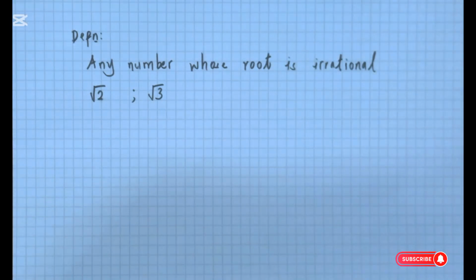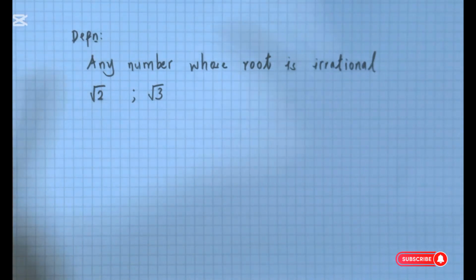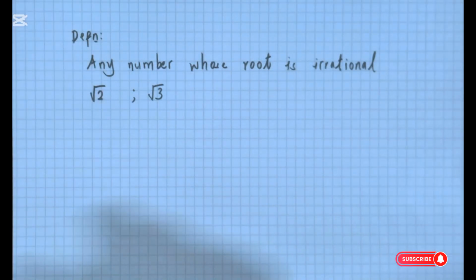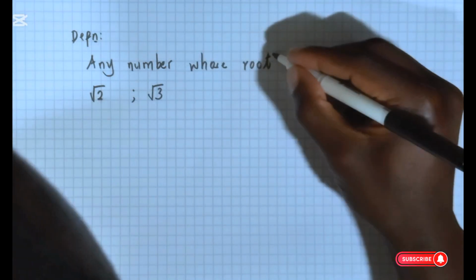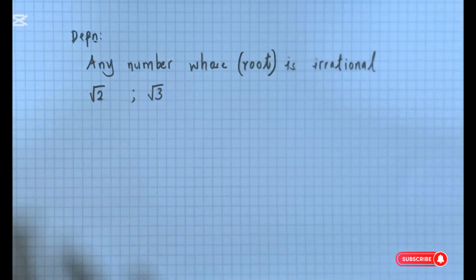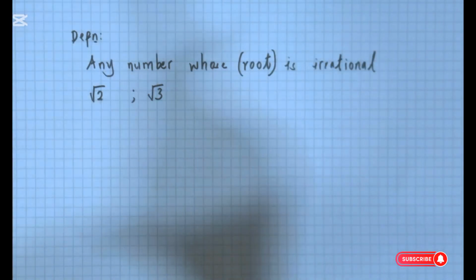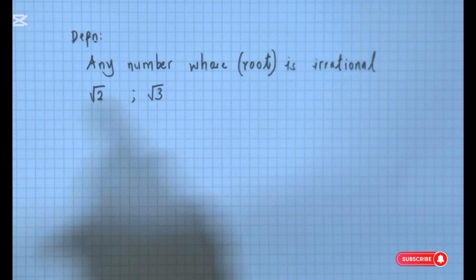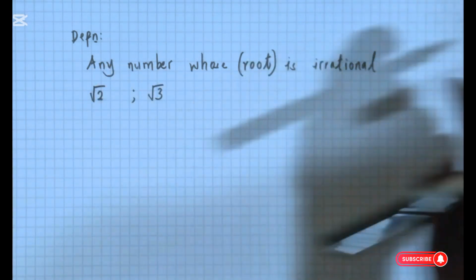Now, I want to give key points. For it to be a surd, it must have a root.